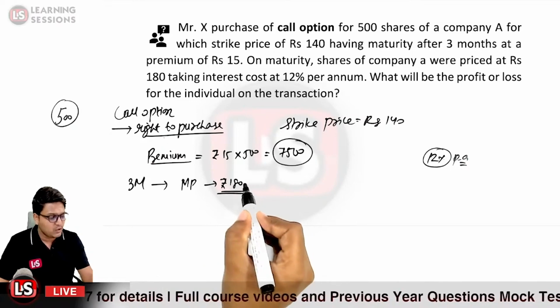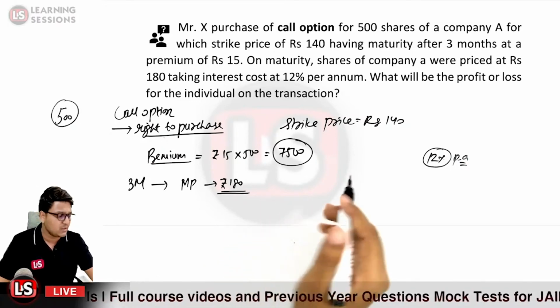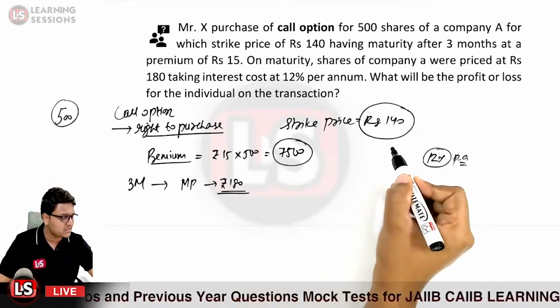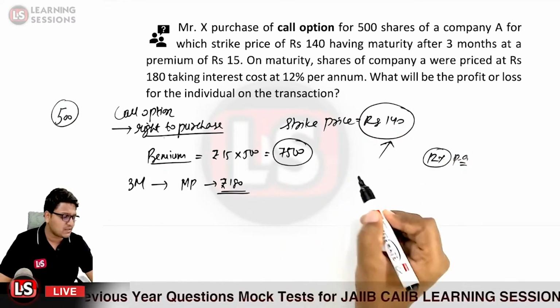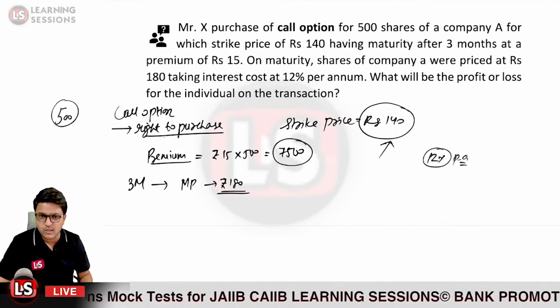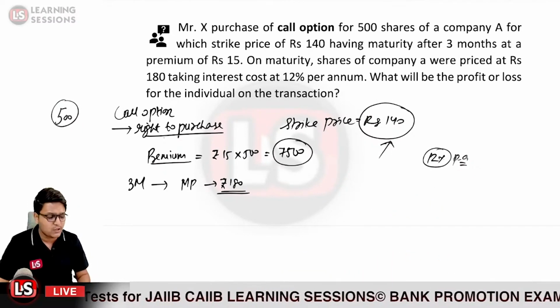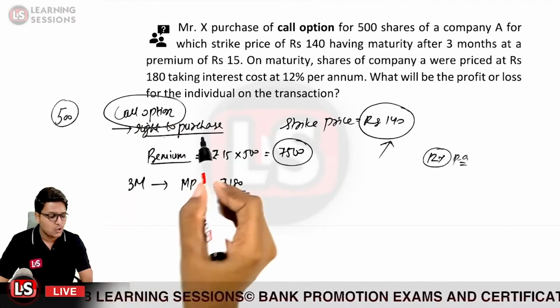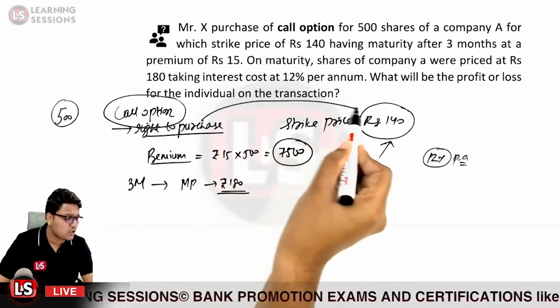That means we can purchase the share at the strike price. So first of all, in the question you need to identify the strike price, and further you need to look at what option you have opted for. Okay, so it is a call option, so it gives me a right to purchase at rupees 140.